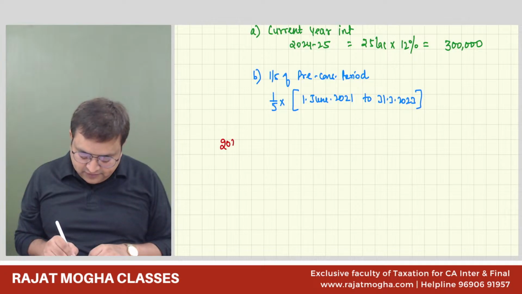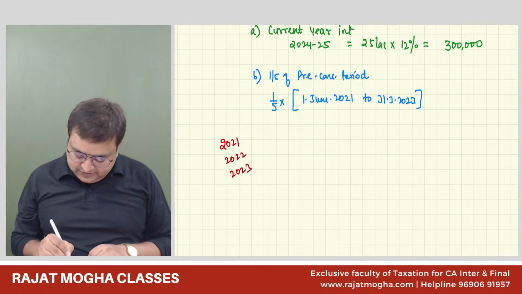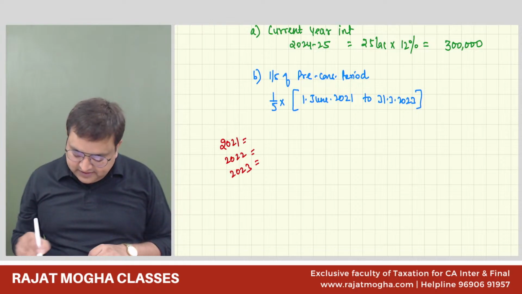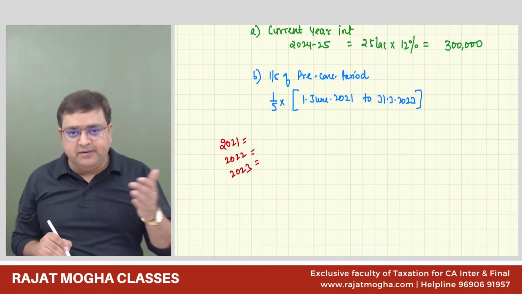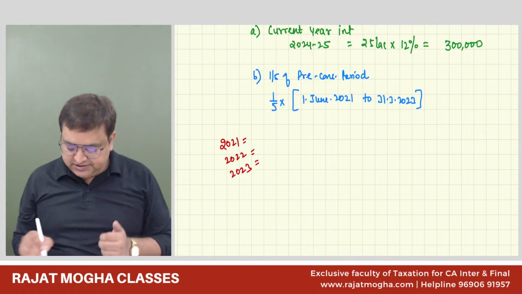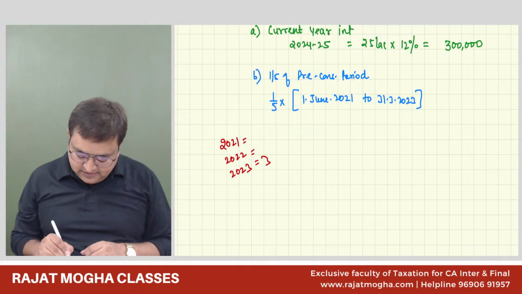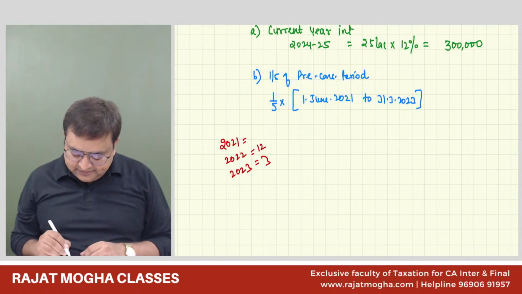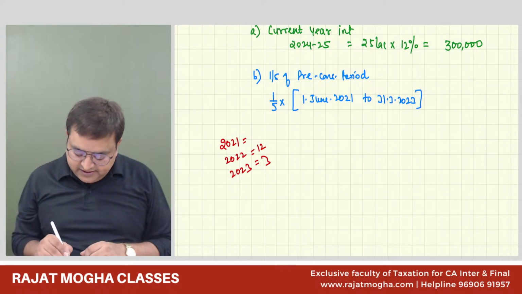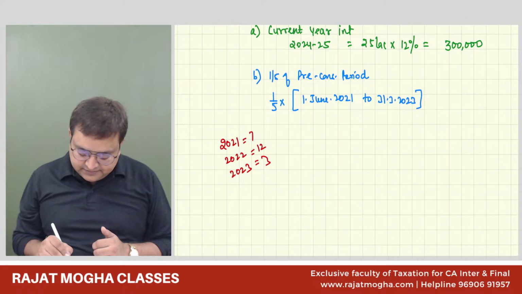So it is 2021, 2022, 2023. In 2023, January, February, March is there, 3 months. You can calculate by any of the methods. 2022 is 12 months. 2021, I believe it is from June onwards, 7 months.